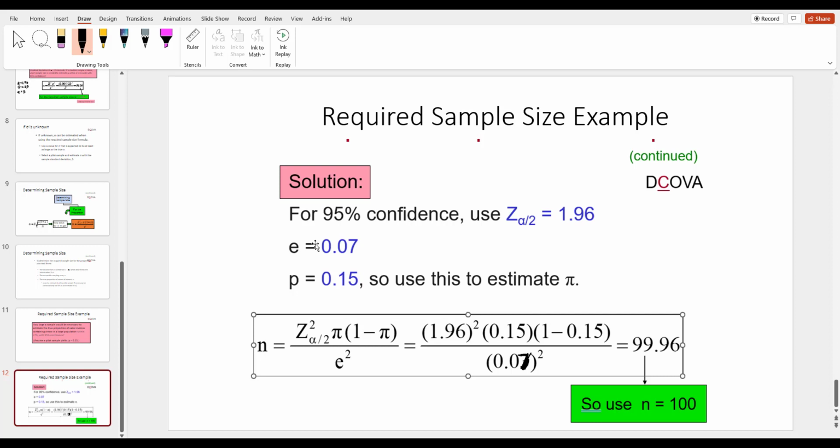The problem said that it wanted to be within 7%, so you need to change this 7% to a decimal. So that will be our E, 0.07, and we use P as 0.15. We're going to plug all our numbers back in for n, and as you can see, we get 99.96. We're going to round this up to 100.